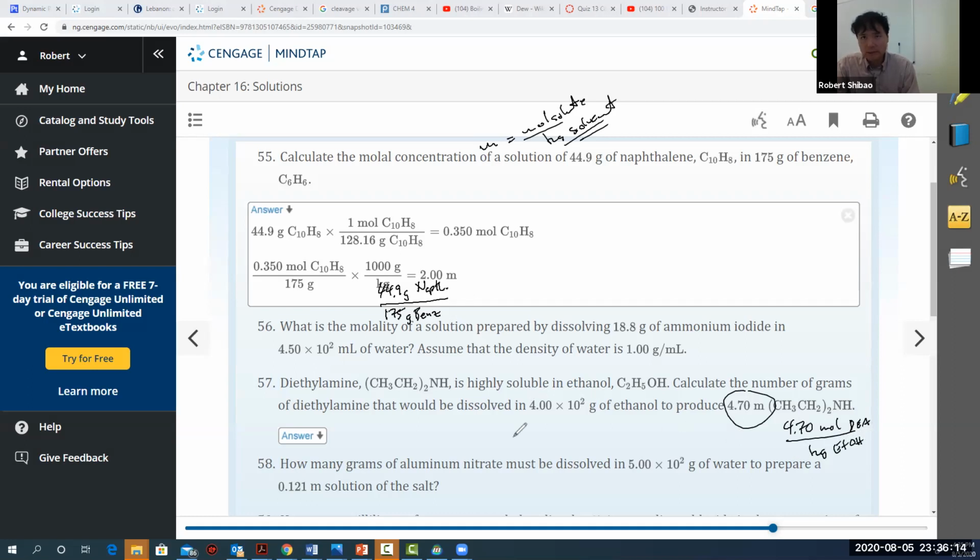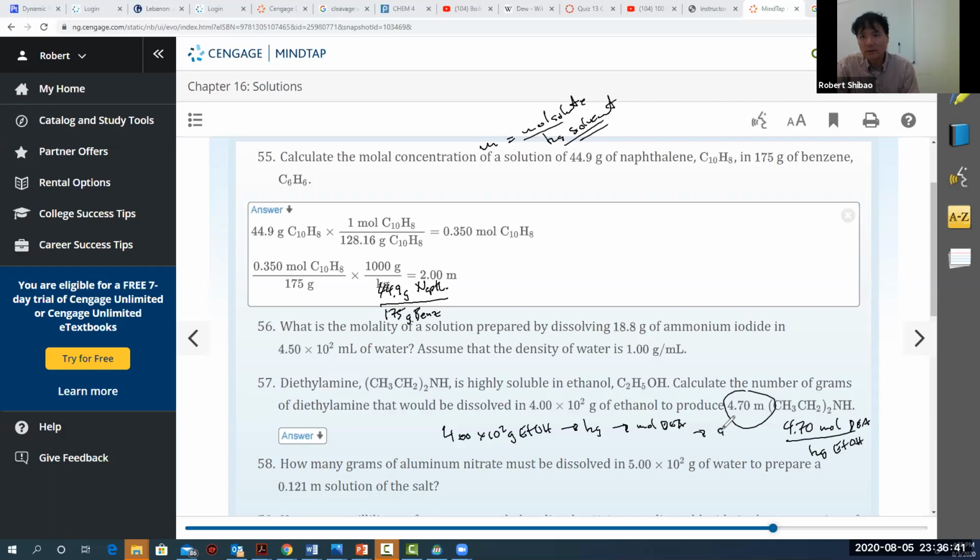And that's what this means here. So what we have is 4.00 times 10 squared grams of ETOH. And so we need to go from grams of ETOH to kilograms of ETOH. And then from kilograms of ETOH, we can go to moles of DEA. And then from moles of DEA, we'll go to grams of DEA using the molar mass.